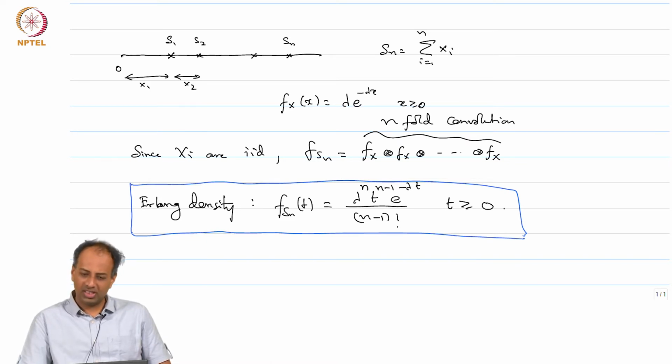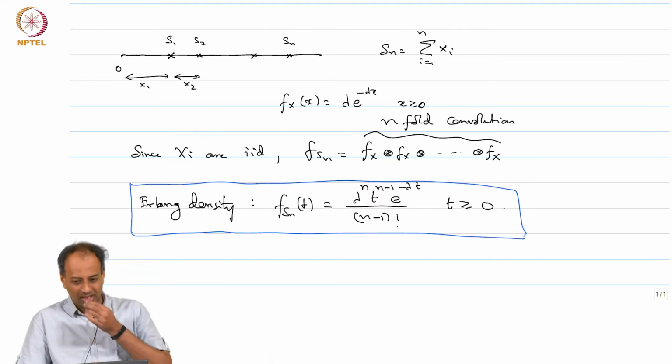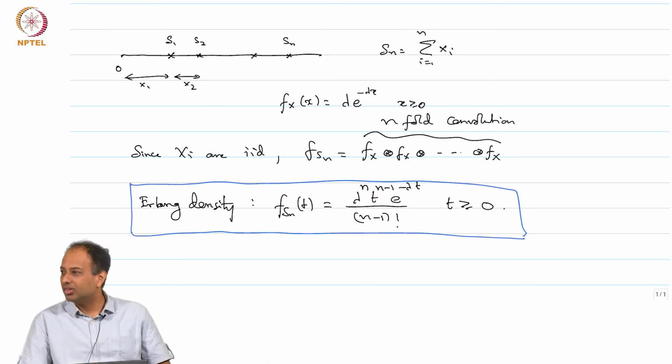Now, this is just the marginal distribution of Sn. In order to specify the process, what specifies a process is the joint distribution of these Xi's or Si's. The joint distribution of the Xi's, of course, we know, they are all independent exponentials, but the joint distribution of the Si's we have to calculate. What we have calculated through this convolution formula is only the marginal.